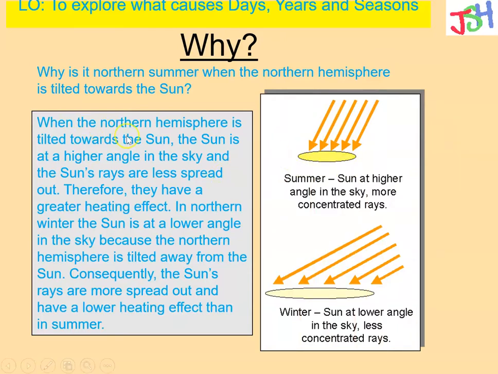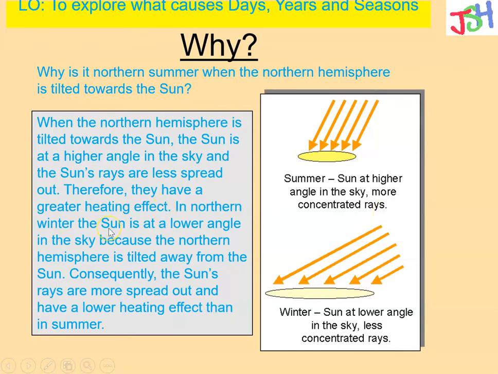When the northern hemisphere is tilted towards the sun, the sun is at a higher angle in the sky, and the sun's rays are less spread out. So you have more concentration of rays. Therefore, they have a greater heating effect.